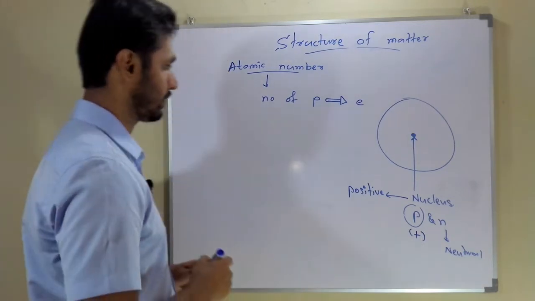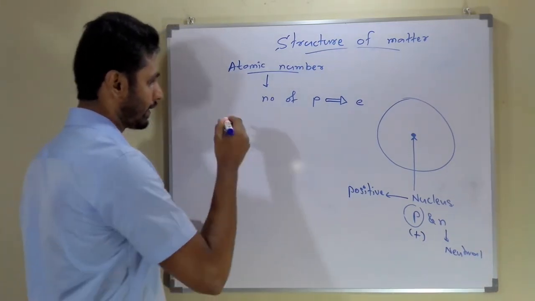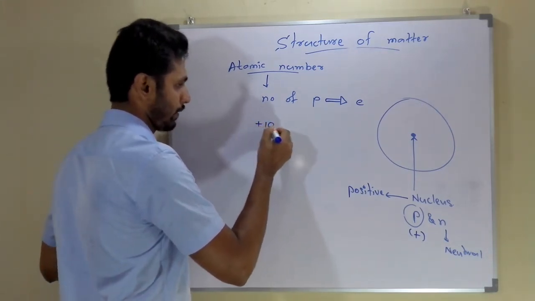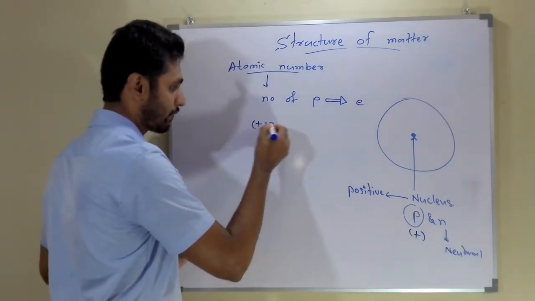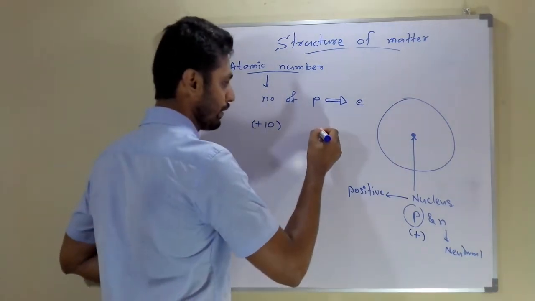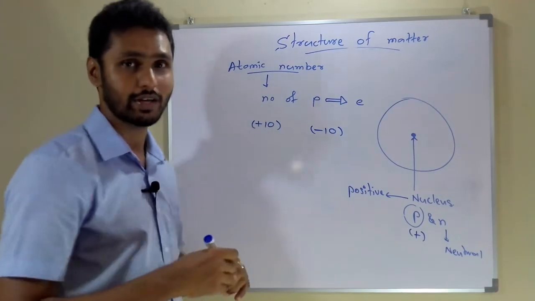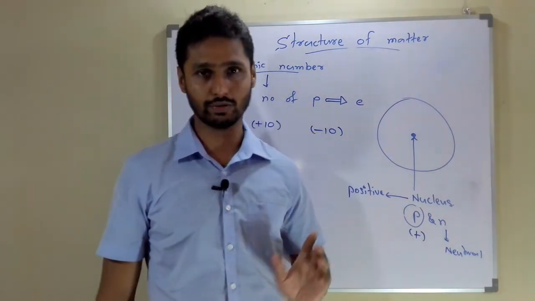I will explain some examples. Think an atom contains 10 protons. You know, protons are positively charged. Then I can write it as plus 10. And it should have an equal number of electrons. Electrons are negatively charged, so there should be 10 electrons also.